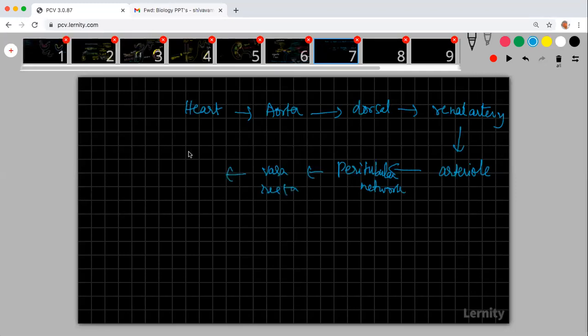From the vasa recta it becomes venules, and again it becomes the renal vein, then it goes to the inferior vena cava, and then it is connected to the heart. Are we understanding how it is moving?